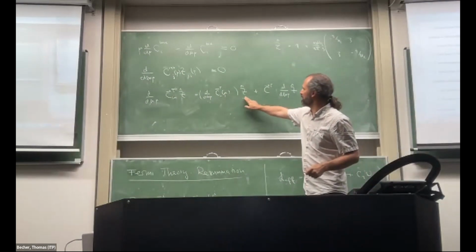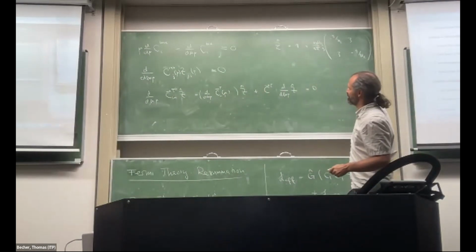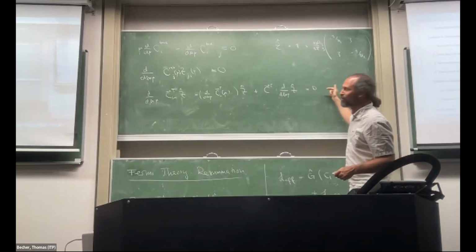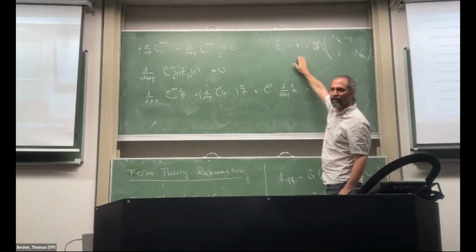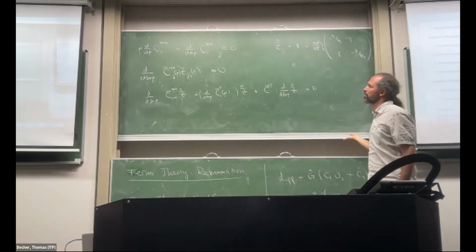Now I multiply from the right with an inverse of this matrix here, and you see that you can invert it. It's basically the one matrix plus a little bit.